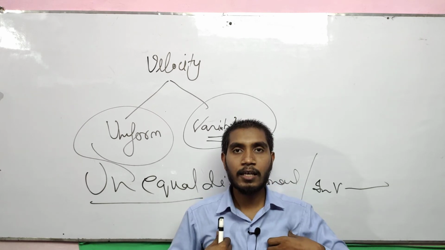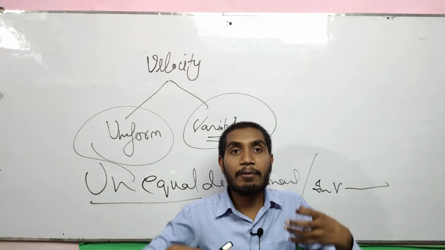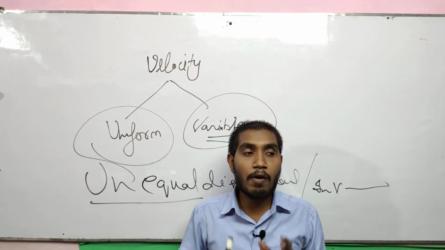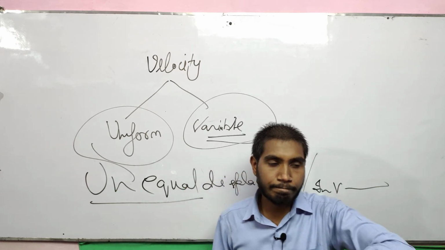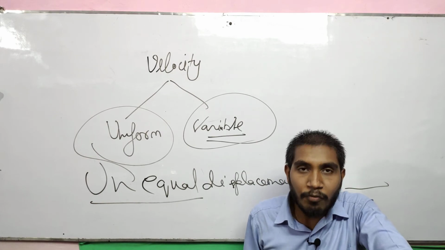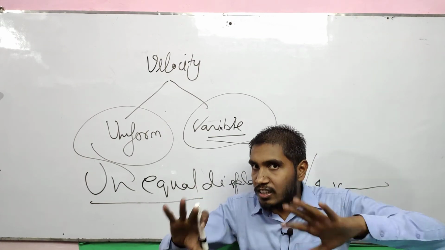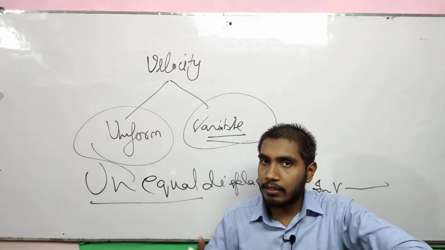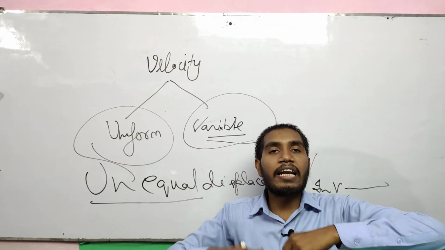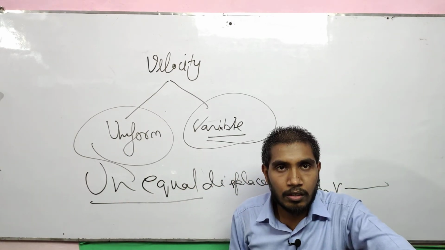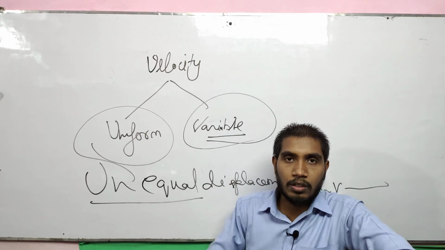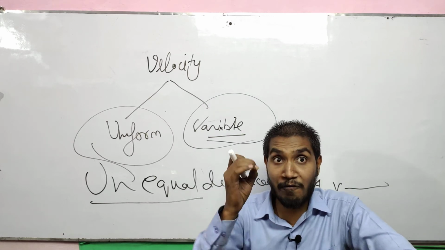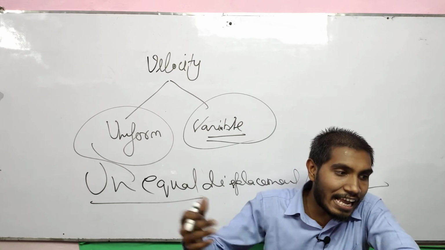Suppose I am an object moving with variable velocity. My velocity is permanently changing. Then how can you determine my velocity? At that time, we use average velocity.